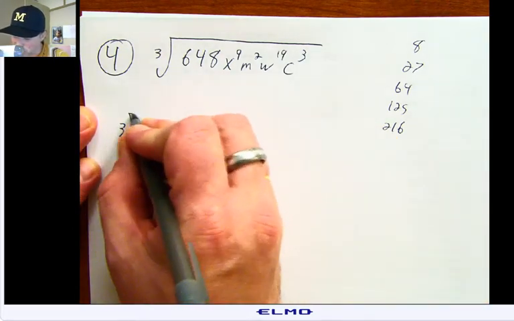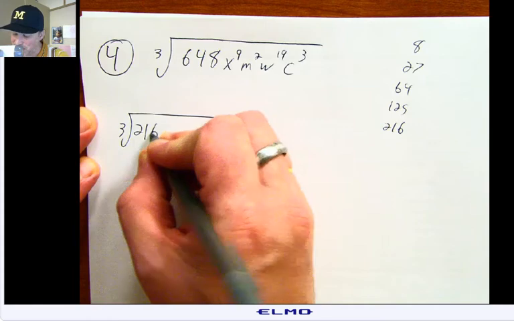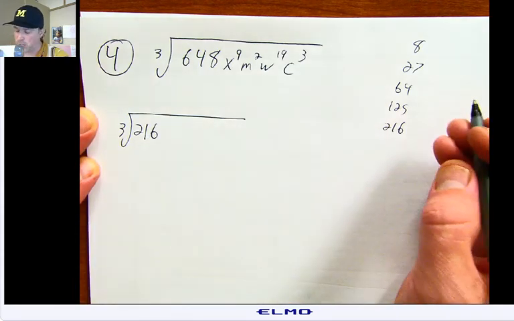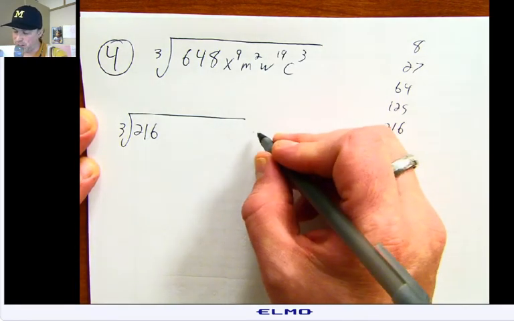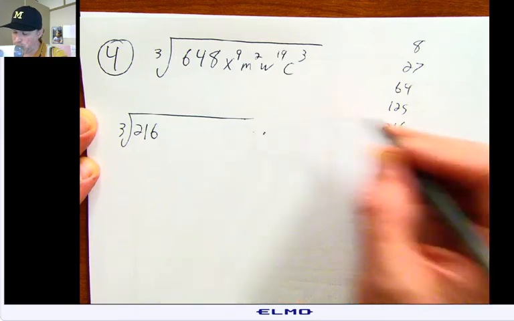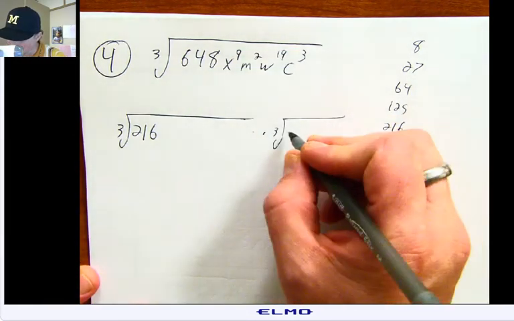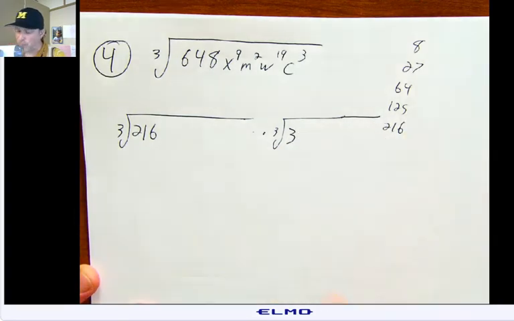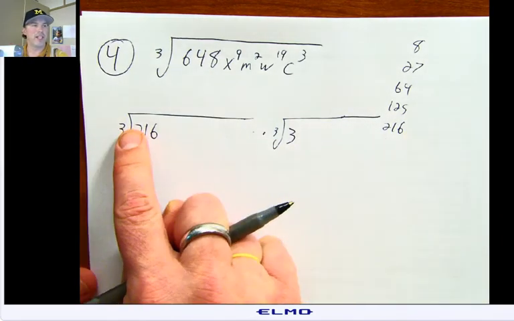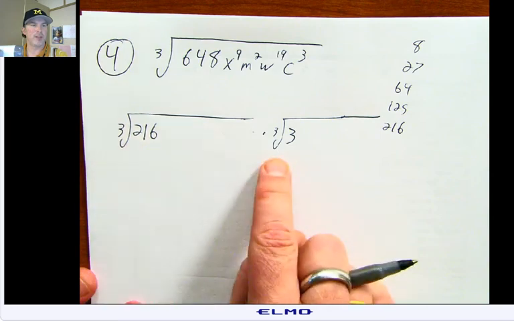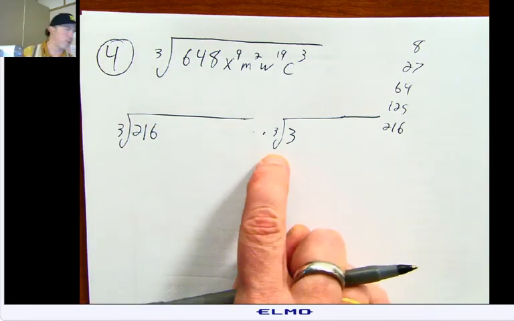So the 216 is what's going to escape, and 216 times 3 is 648, so that means that a single 3 would be left behind. Now, it's a cube root prison, so that means that they can only escape in groups of 3.